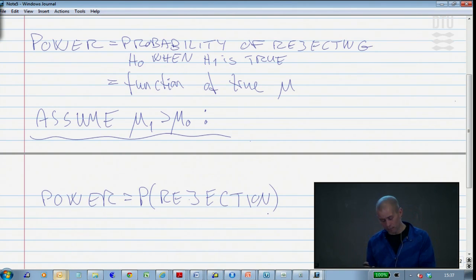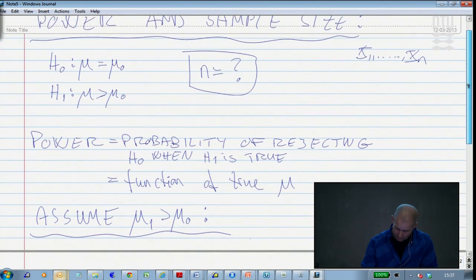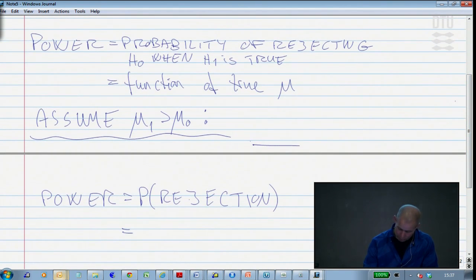When do we reject the classical null hypothesis here? We're going to make a classic sketch plot here.